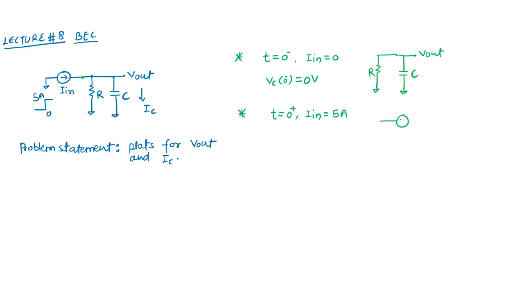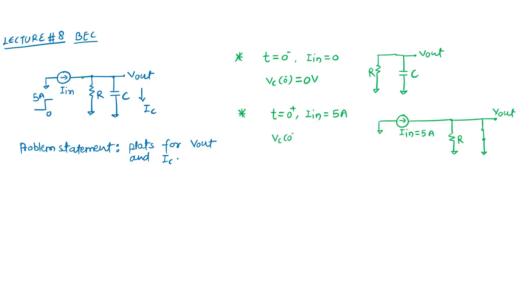So I consider this IN equal to 5 ampere at 0 positive, the resistor is as it is, and the capacitor is shorted.